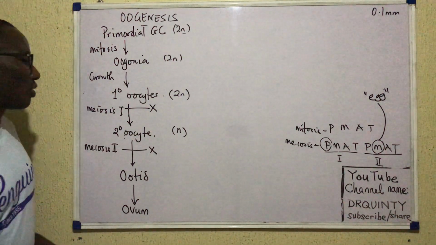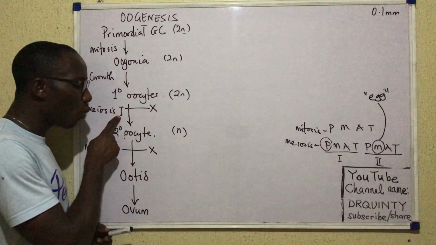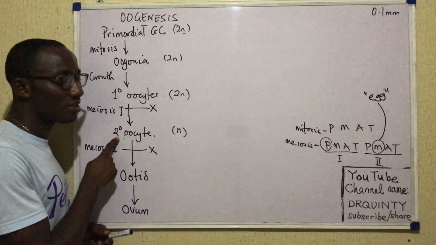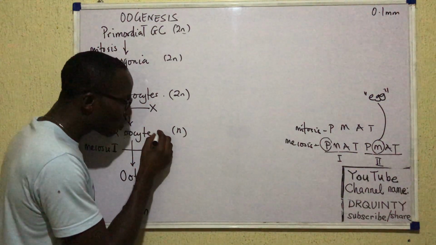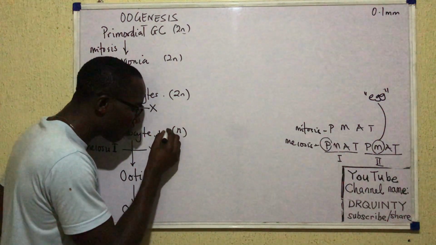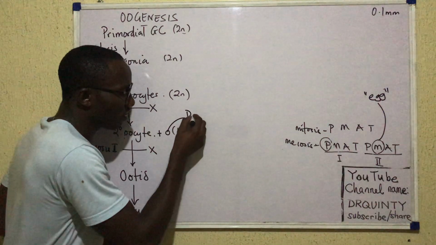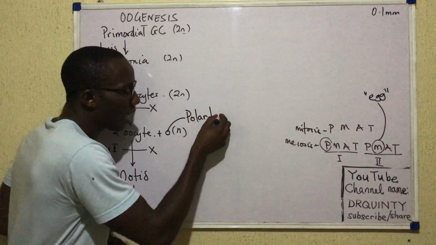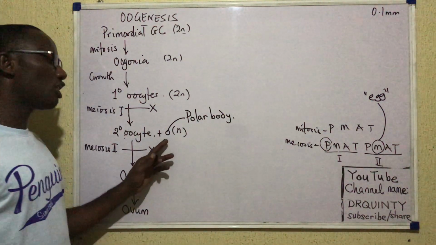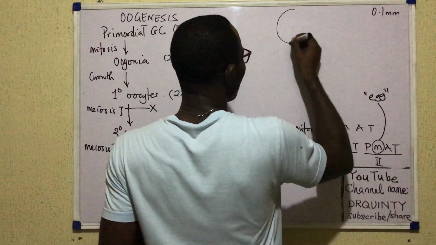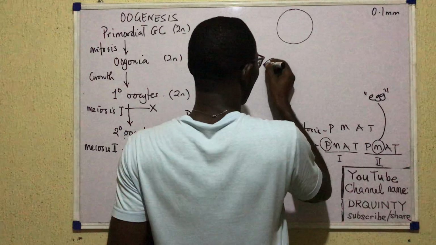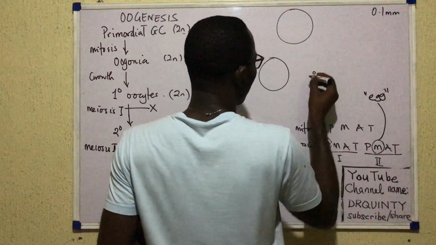Now, let me mention here that meiosis 1, of course, produces a secondary oocyte, but that's not all. It also produces a small structure here that we refer to as a polar body. Now, this polar body is very tiny compared to the egg. Imagine something like this dividing into this and that.